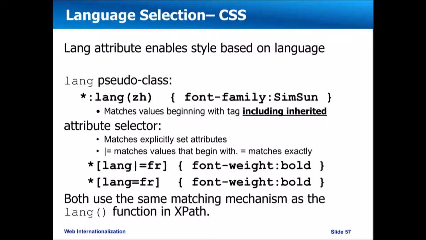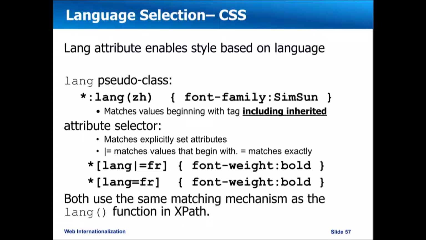So I can say if my language is Chinese, using the lang pseudo-class, then maybe I change the font or do something else. And the nice thing about this pseudo-class is the language is presumed to be inherited in lower elements in your DOM. So it will work with that.